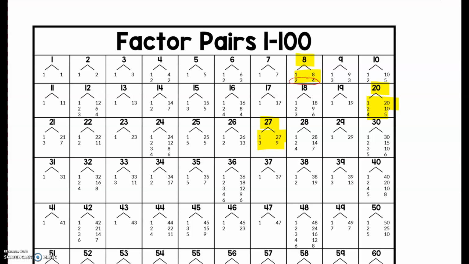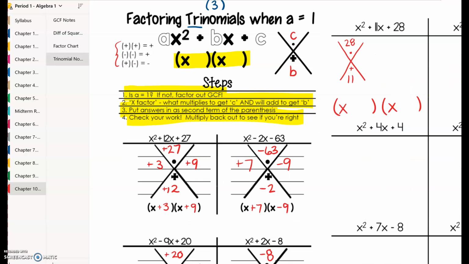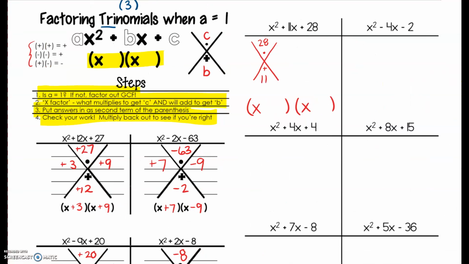Find the number 28. Well, I see one pair that adds to give me 11. That would be 4 and 7. So when I come over here, I am going to fill in a positive 4 and a positive 7.